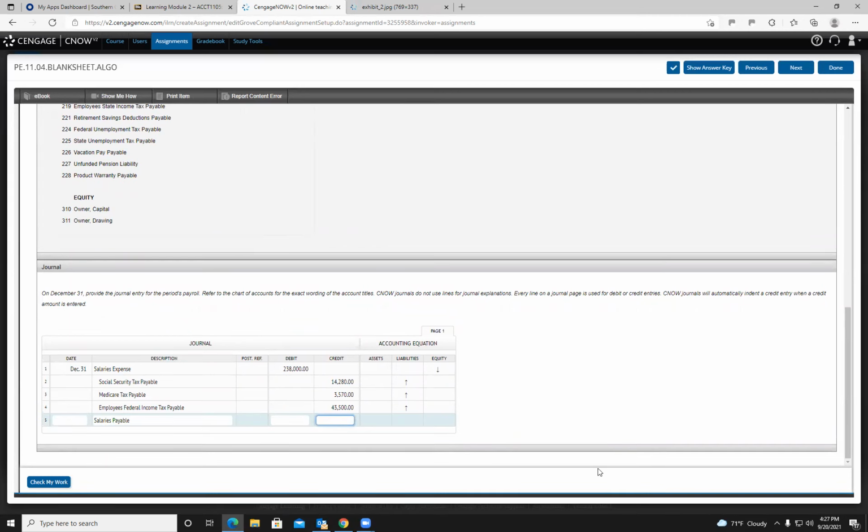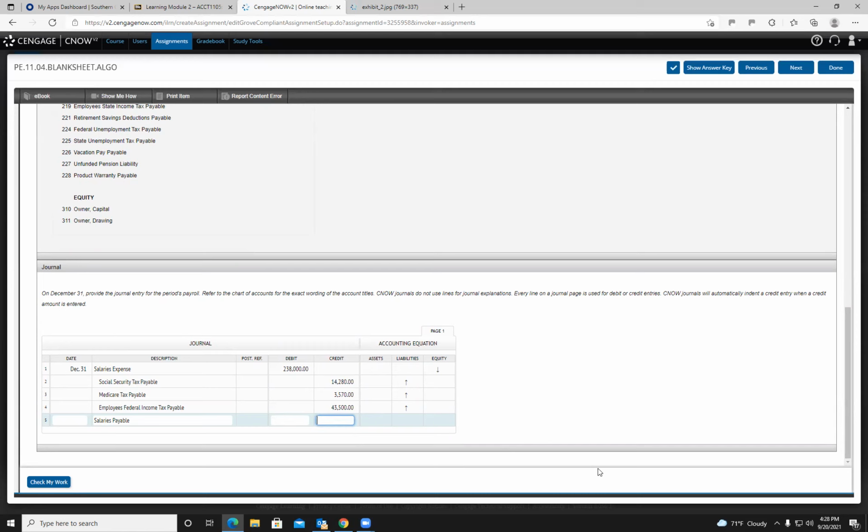So here we will have to do a little bit of math, because all of our debits and all of our credits have to balance. And right now we do have more debit than we have credits. So we're going to first start out by taking the gross pay, which equals the salaries expense. That's their gross pay.